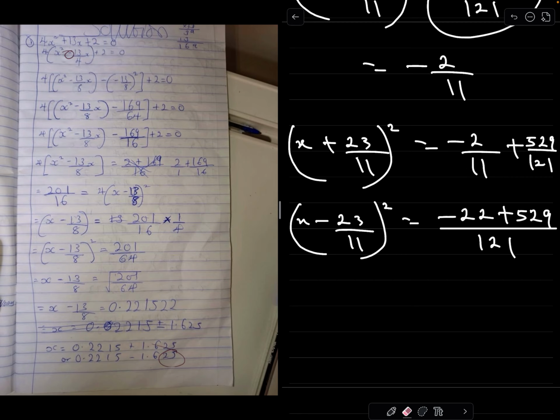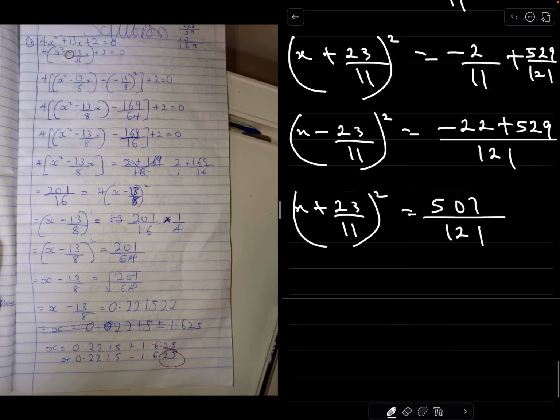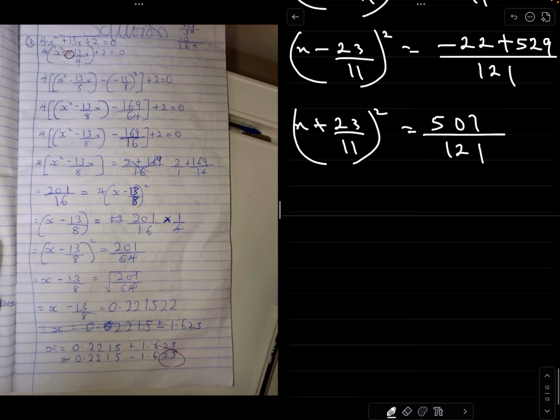And that simply means x plus 23 over 11 all square is equal to minus 22 plus 529. That's simply 529 minus 22, which is 507 over 121.